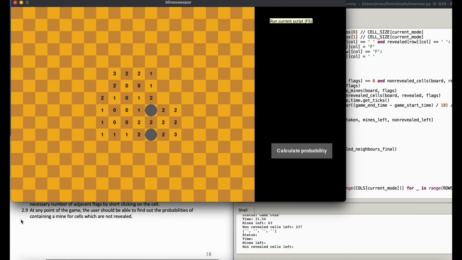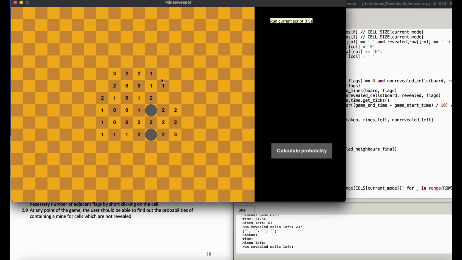Now let's look at the objective 2.9. At any point of the game, the user should be able to find out the probabilities of containing a mine of cells that are not revealed. So we can tap on this button, which is always here, and find out the probabilities of cells, which in this case denotes that this cell has 100% probability of containing a mine, and this cell has 0% probability of containing a mine.